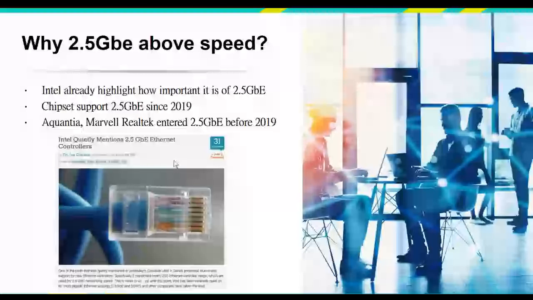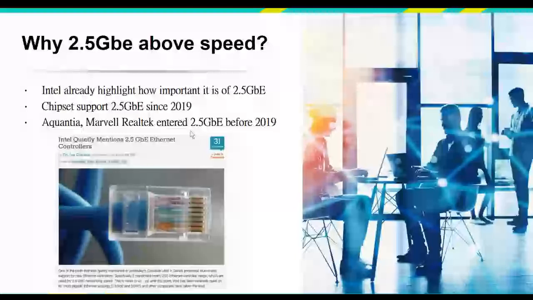And secondly, their chips, and not even their chips, the Aquantia or the Marvell or Realtek, they already entered 2.5 giga even 1 year or 2 years before Intel. So this is the business trend, because a lot of people are already ready for 10 giga. But remember, with 10 giga, firstly, we have encountered, for example, the Cat6 cable issue, and a lot of laptops and PCs are not ready.